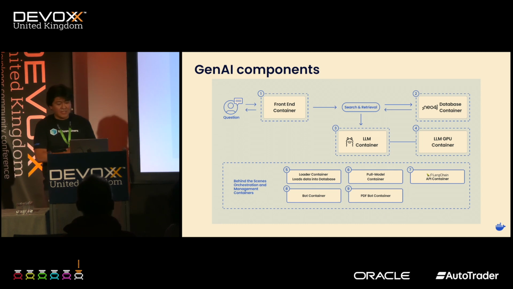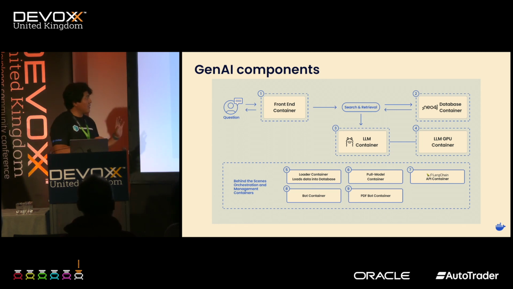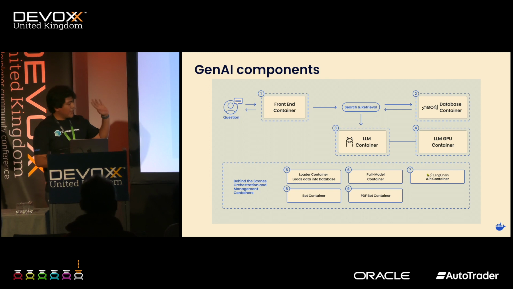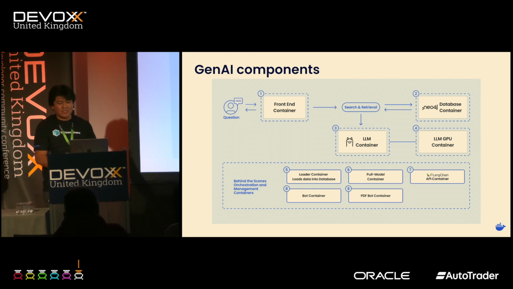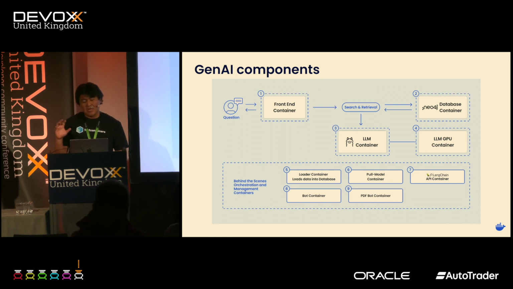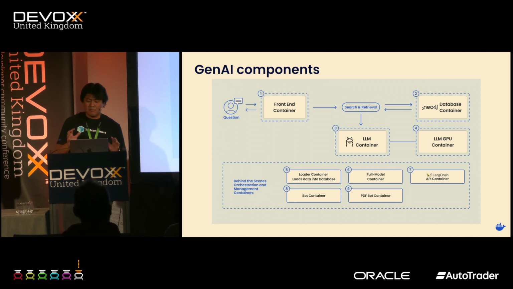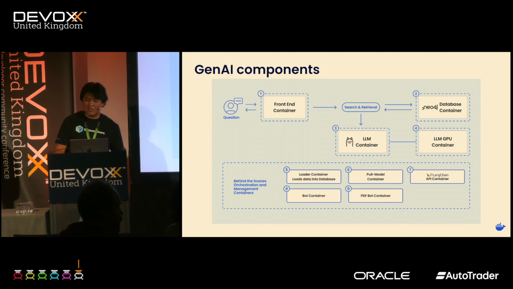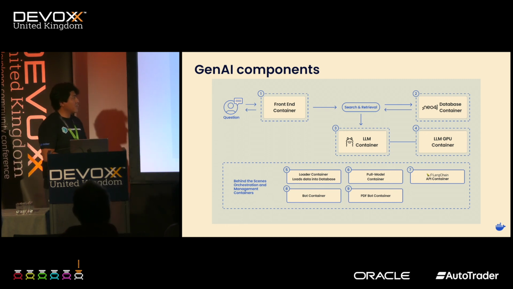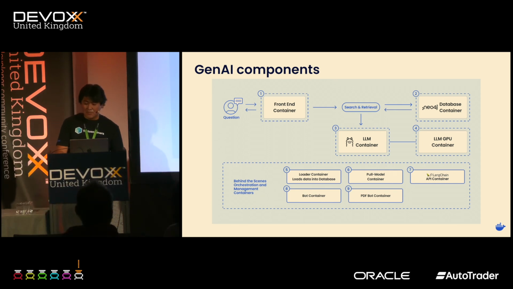Let's put some technologies in this space. The front-end container is basically the application that we will be using. There is an Ollama service that is in charge of running the models. So imagine Docker, but for models. That's Ollama. Then we have the database container, which in this case is Neo4j, but as I said, there are many technologies nowadays that can be used.